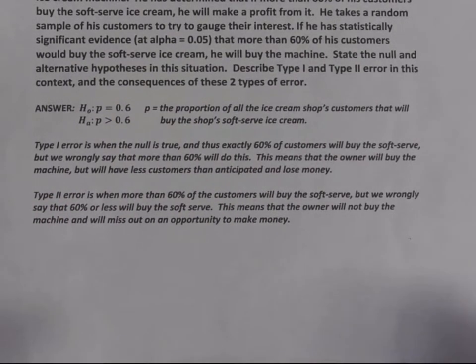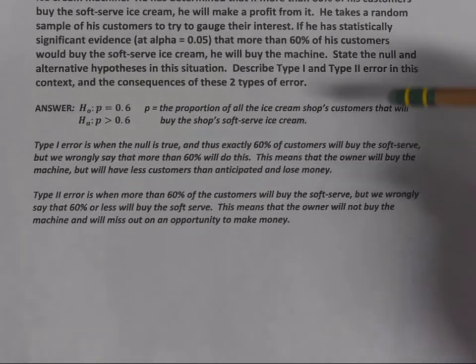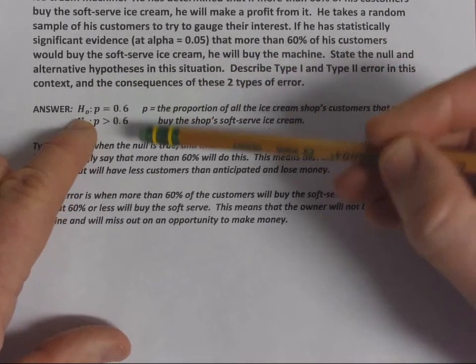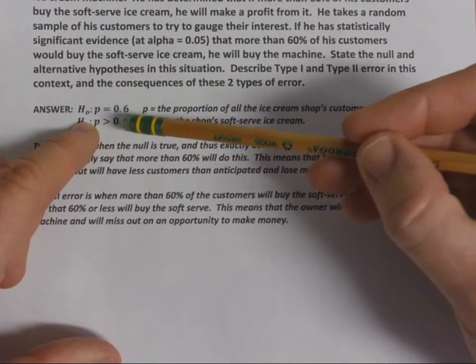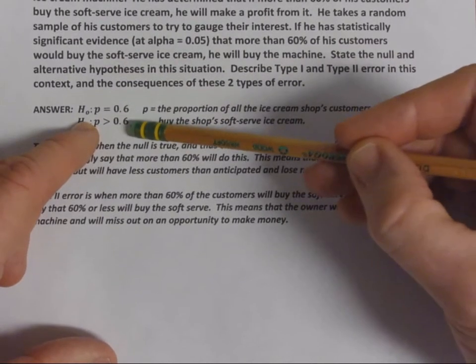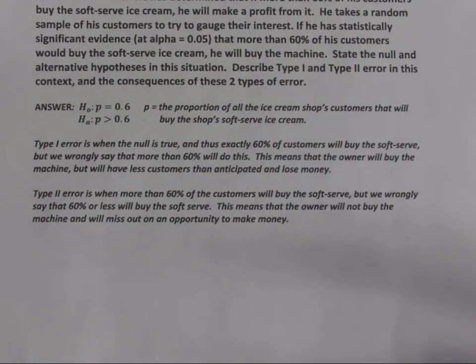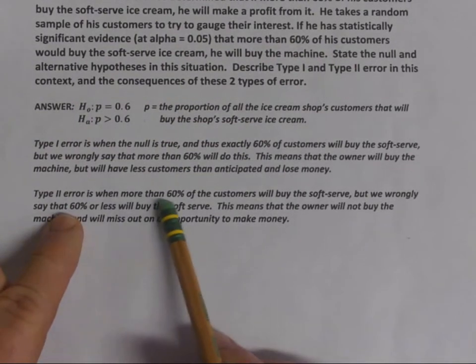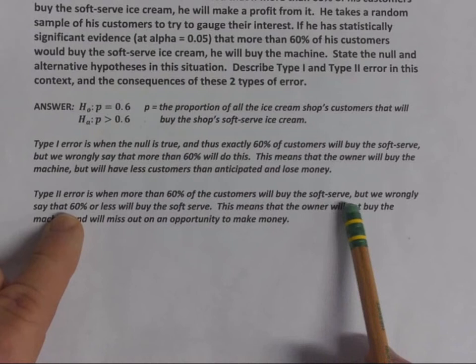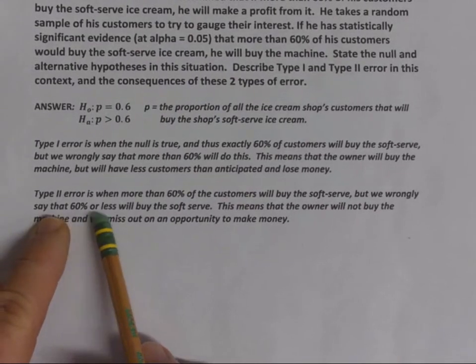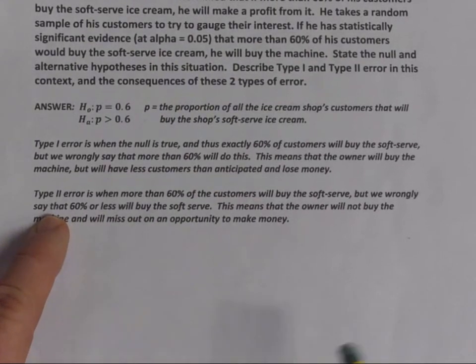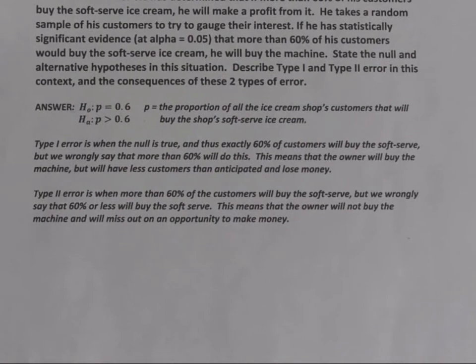Type 2 error: the null is false, so it was actually true that more than 60% would buy the ice cream, but we wrongly say that 60% or less will buy the soft serve. This means that the owner will not buy the machine and will miss out on an opportunity to make money.